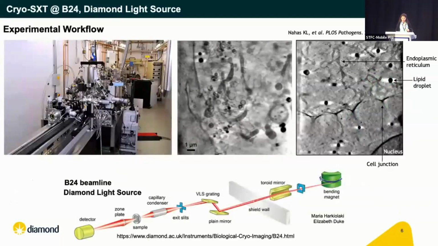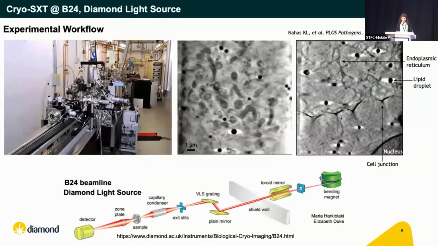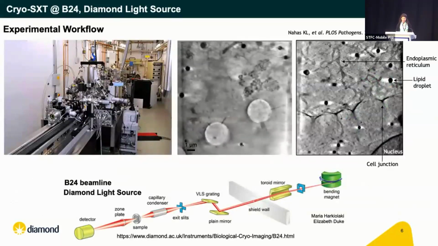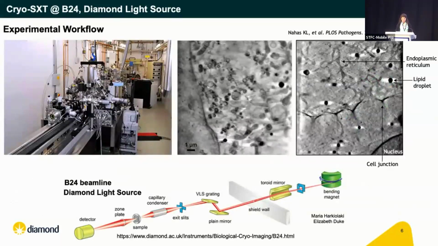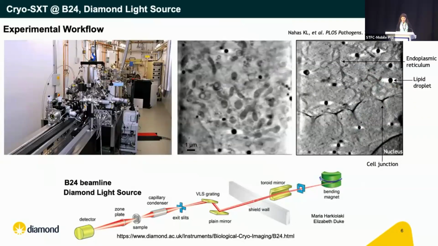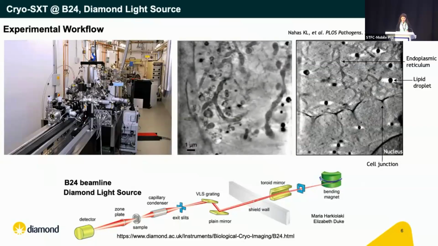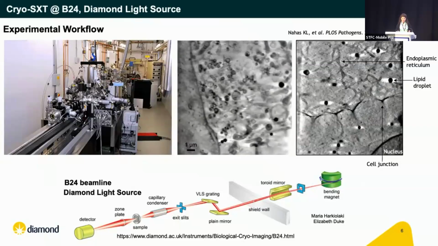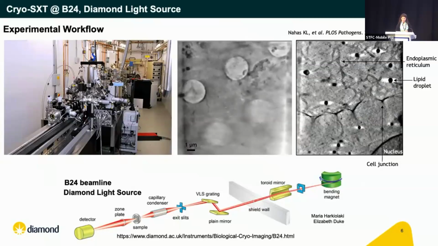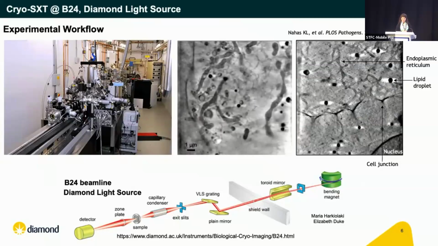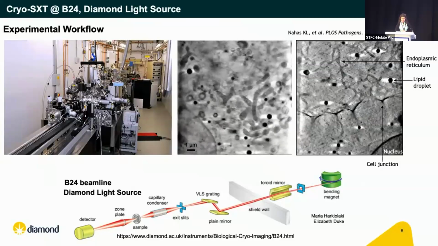We use a full field X-ray microscope on the Beamline. This is an example of how our microscope looks like, and an example of the data that the microscope can produce. So as you can see, we have reconstructed tomograms that show different gray values within the stack, which can provide information about the different organelles.